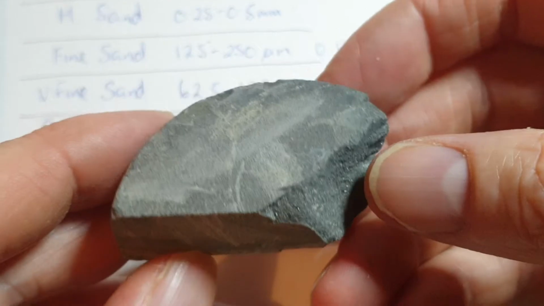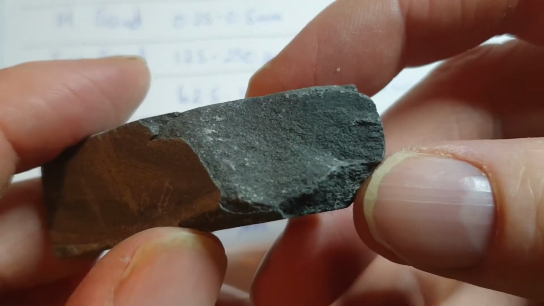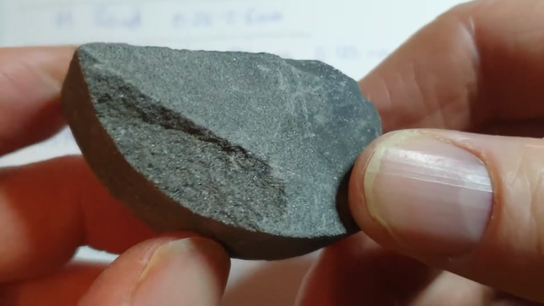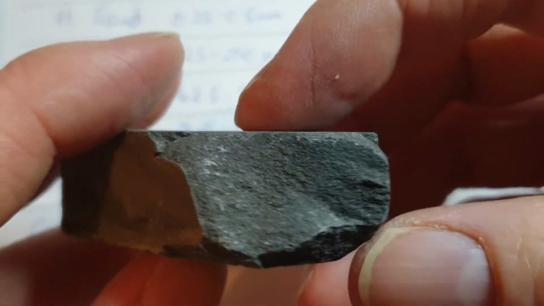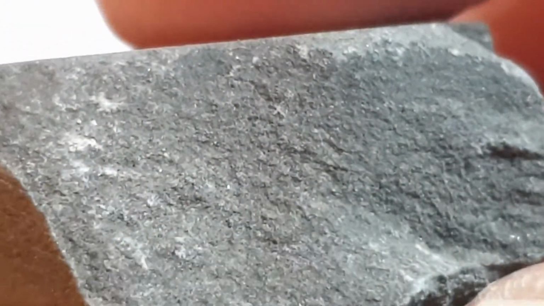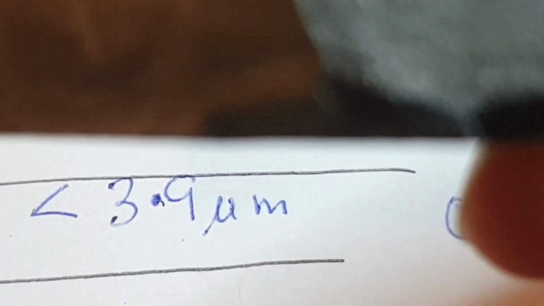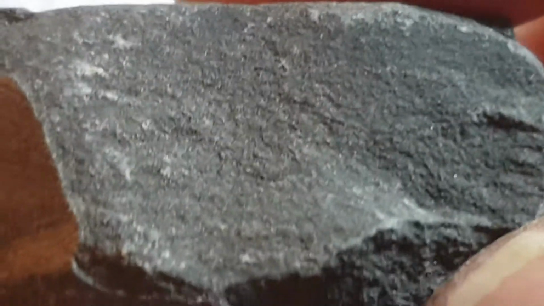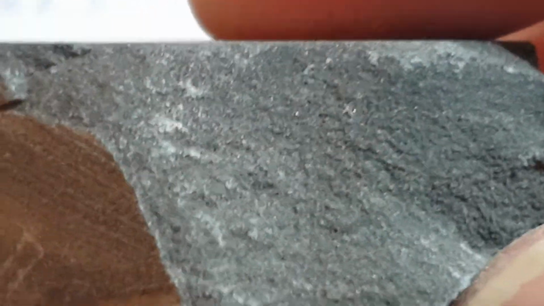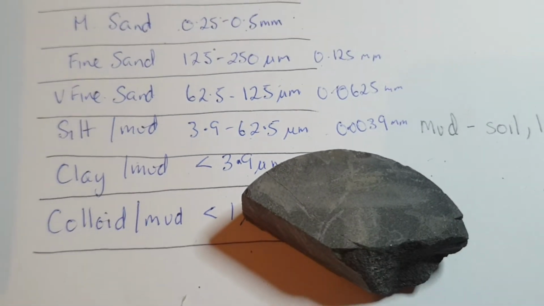So here we have a mudstone, and if you can see the impression, this is done from a bore, and it looks quite large. You can see the roughness. I'm going to say that's probably a silt because they're quite large, so this will be classed as a siltstone.